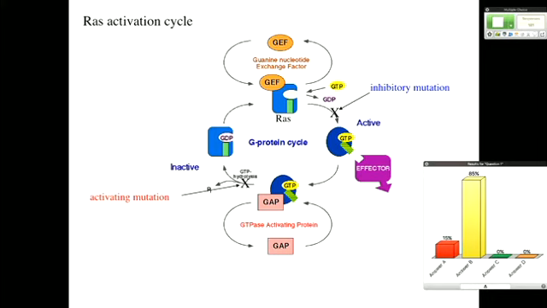The key here, though, is understanding that it acts in a dominant way. Okay? So while you might envision either an activating or an inhibiting mutation to cause uncontrolled growth, only the activating mutation would allow you to act in a dominant way.